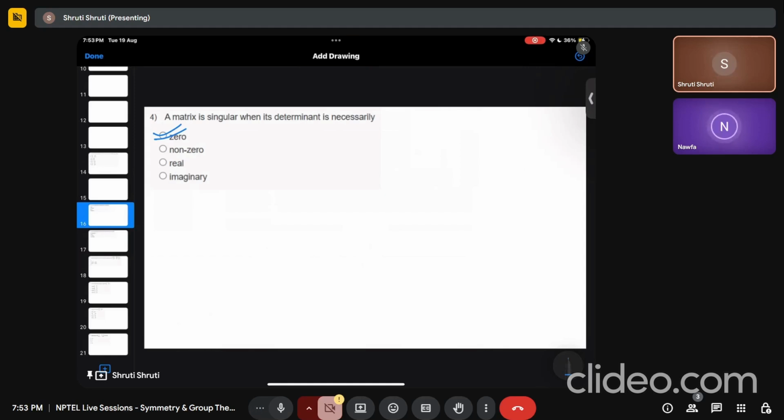There are some properties. Any row you can check. So there are some properties like if any two rows or columns are equal, then that determinant will be 0. Means it is singular.